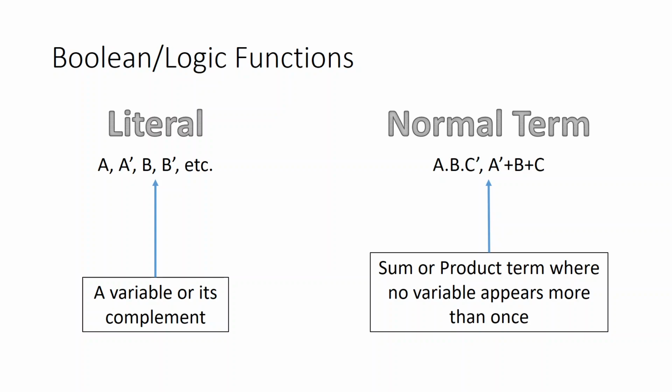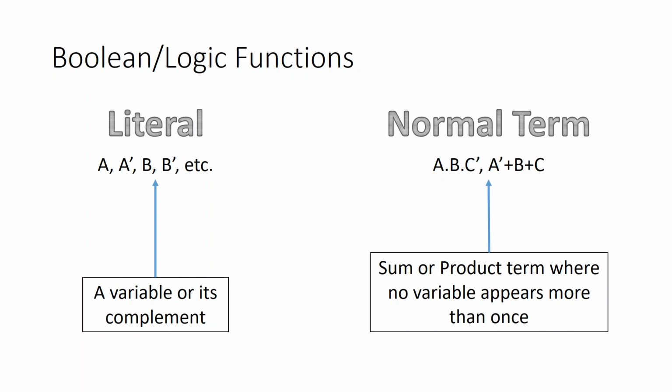However, a dashed plus b plus c plus a is not a normal term, or a dashed plus b plus c plus b is not a normal term. In a normal term, we must be careful to note that the variable appears only once in its original form as well as in its complemented form. So, in one particular form it must appear once only, not more than once.